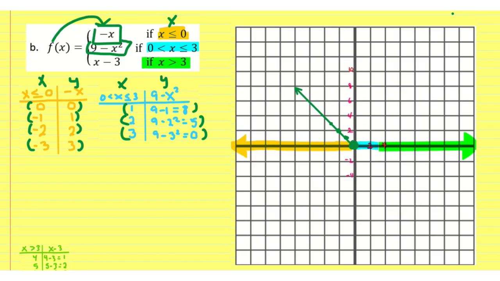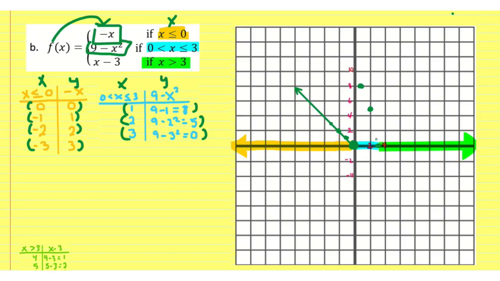So we're going to do 1, 8, all the way up here. And then 2 and 5 will be about right there. And 3 and 0 will be right, it's not going to be on, that's 4. So I need to put it right in the middle.